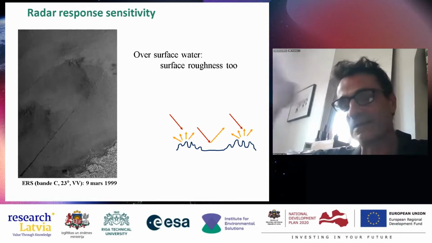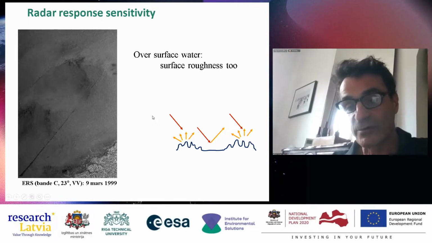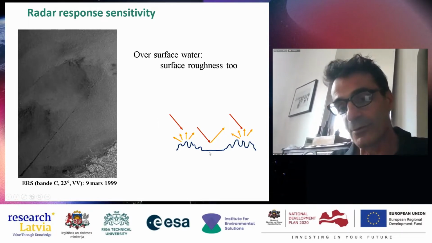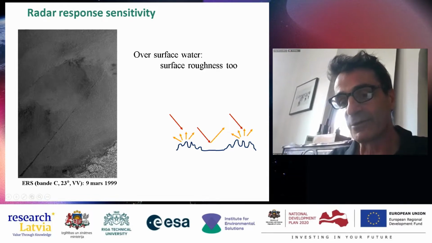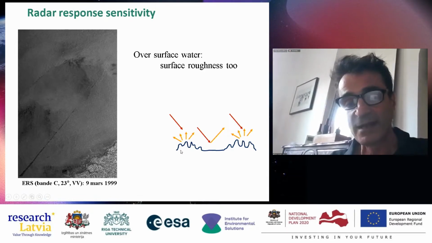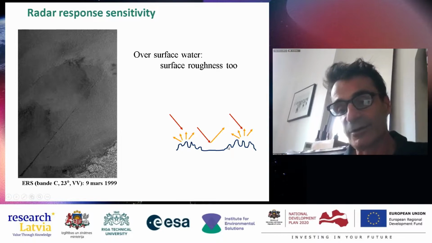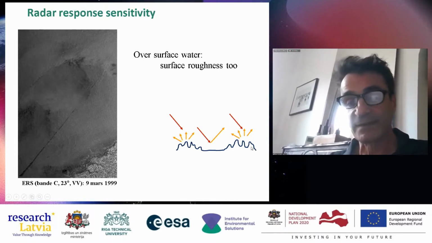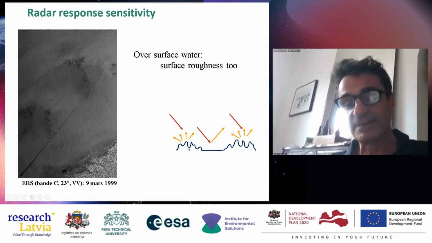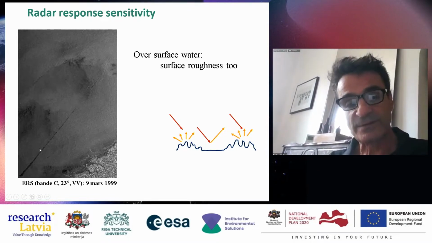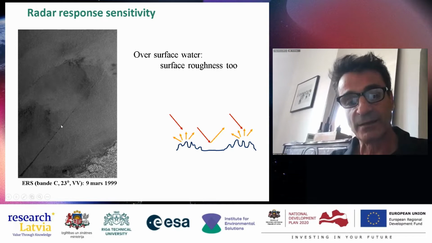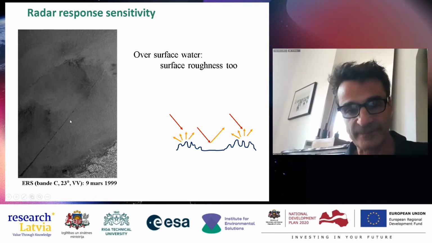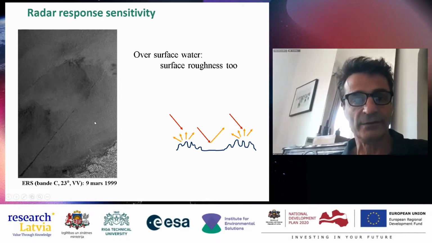The oil is on the surface, so the oil will be totally smooth, and so all the incoming wave will go to the specular direction, while beside the oil spill, you will have roughness due to wind, and so you will see bright returns. And so it's the reason why you see very well here this oil spill behind a ship.